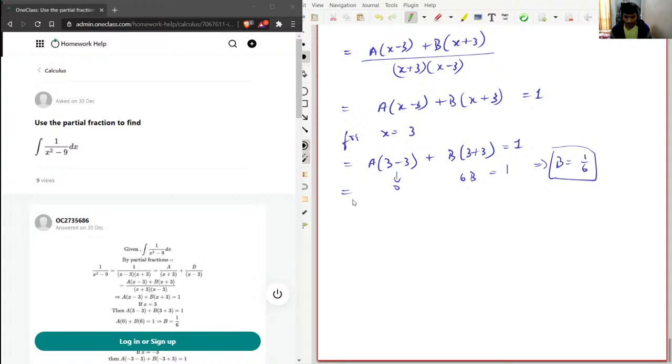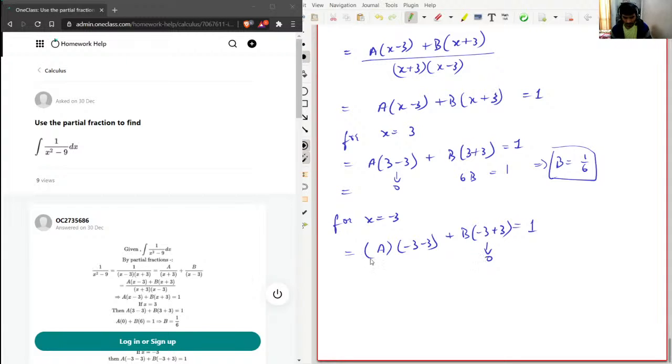Now what we'll do is find it for x equal to minus 3. So I'll just substitute x equal to minus 3 in this. So it will become a times minus 3 minus 3 plus b times minus 3 plus 3 equal to 1.